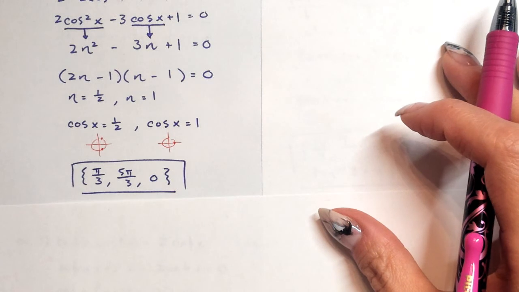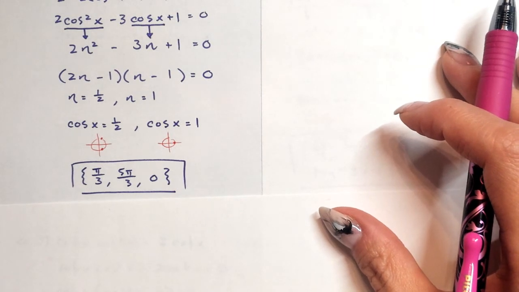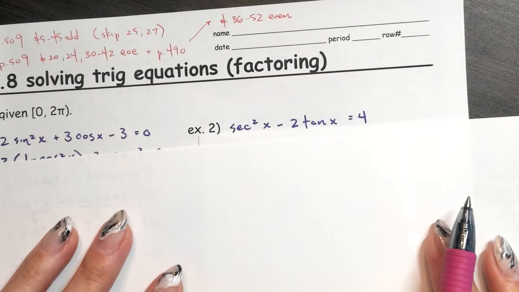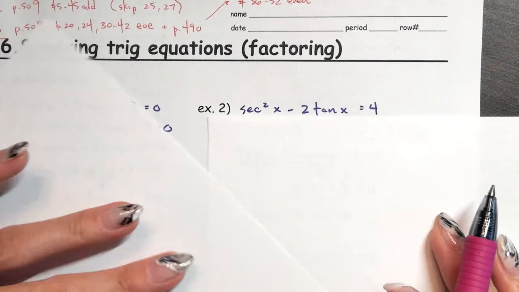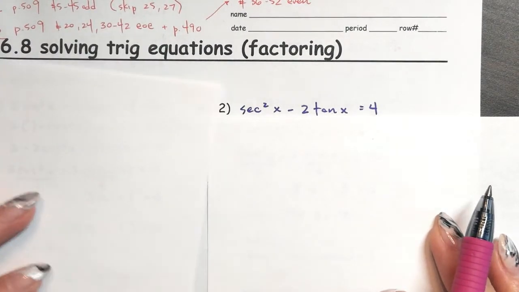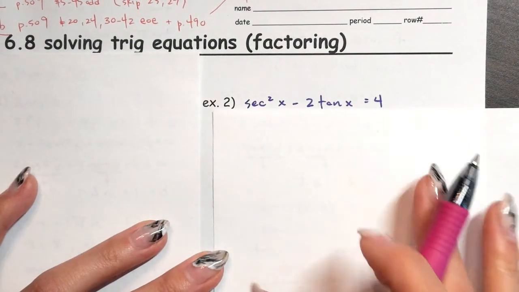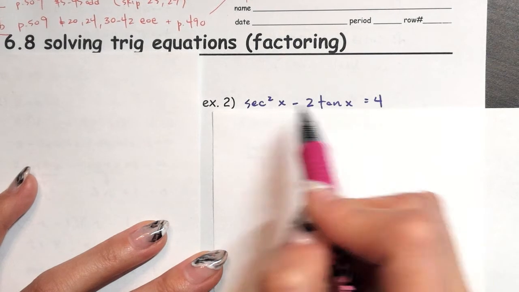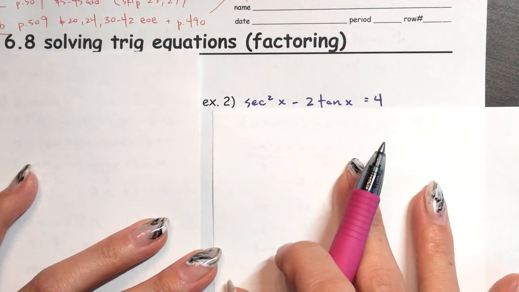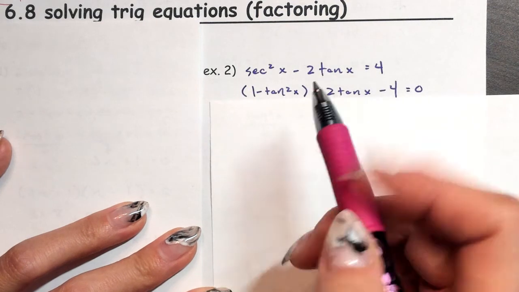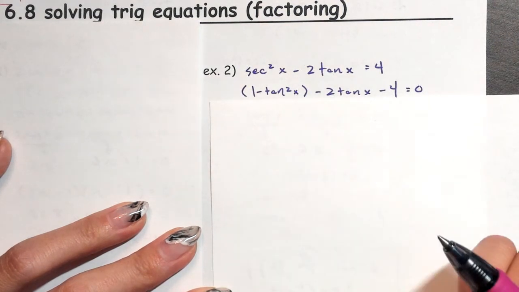So the next one's going to be kind of similar, but maybe a little bit different, right? So let's see. The next one, you have secant squared. Again, are you going to change the secant squared or the tangent? Well, the tangent can't just change, but secant squared, we can use our Pythagorean identities, and we can change secant squared into 1 minus tangent squared x, right?